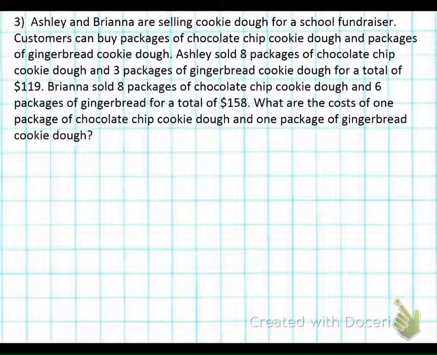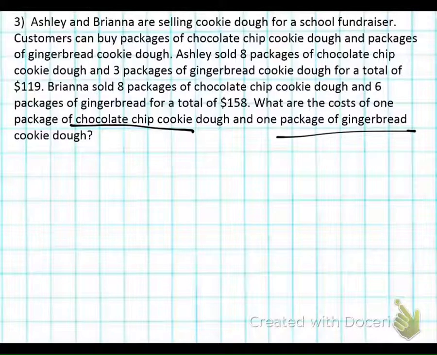Okay, for the next problem, I'll let you read through that. Then we see that what it's asking for is the costs, so I'm looking for the price of 1 pack of gingerbread and of 1 pack of chocolate chip cookie dough.